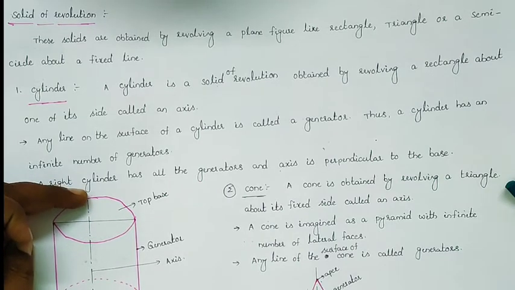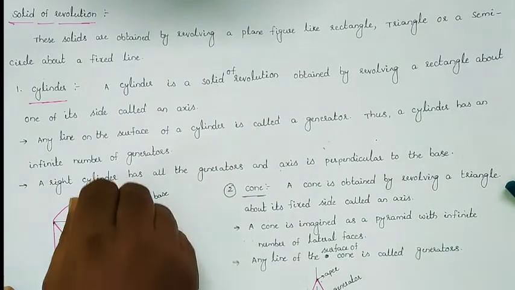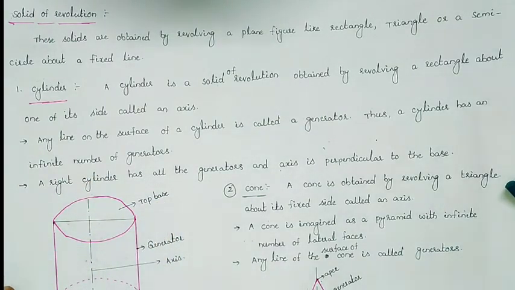Here the fixed side you can take as the axis line. If you revolve the rectangle around this fixed side, then the solid generated is called a cylinder. So this is the shape of that cylinder.